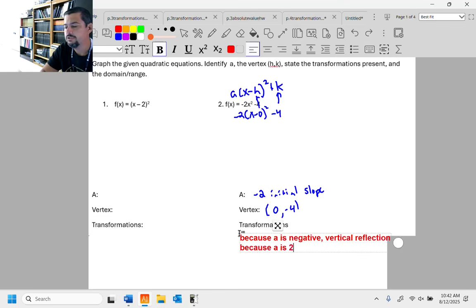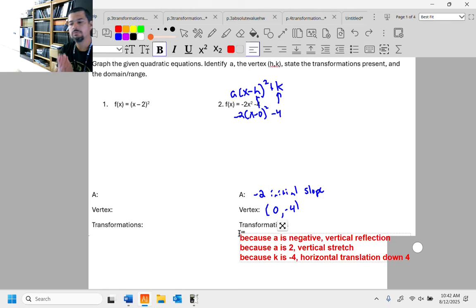Because a is 2, we have a vertical stretch. And the last one is because k is negative 4, we have a horizontal, and I'll use the word translation, of down 4.